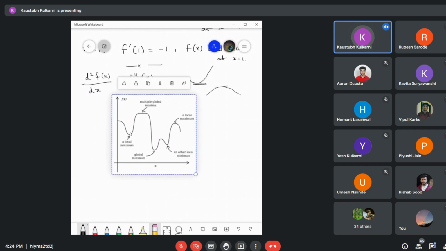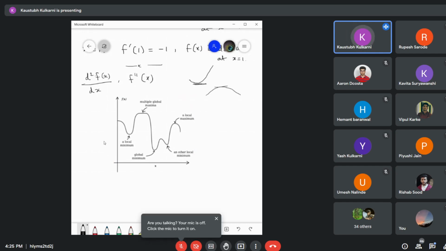So this is a local minimum, global minimum. These are the local minima, actually. In general they are called extrema, so maxima and minima.